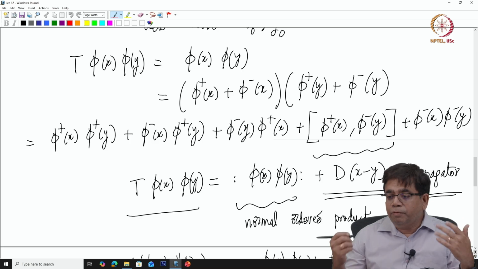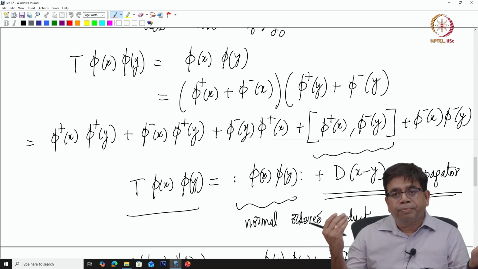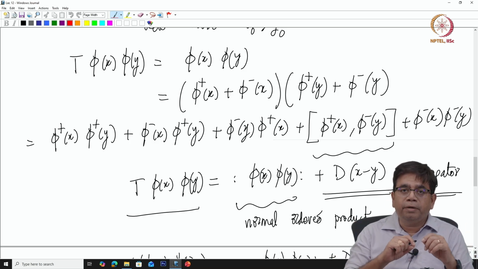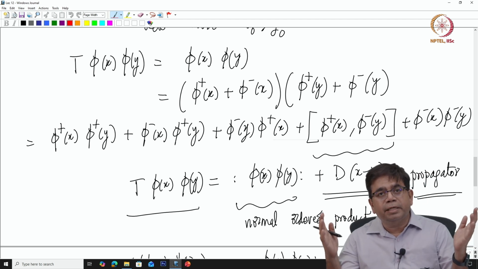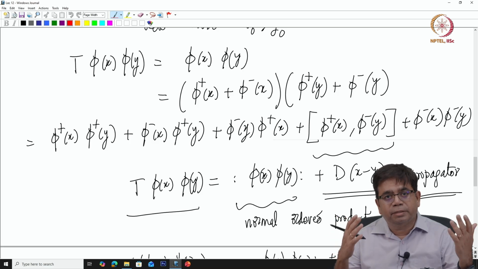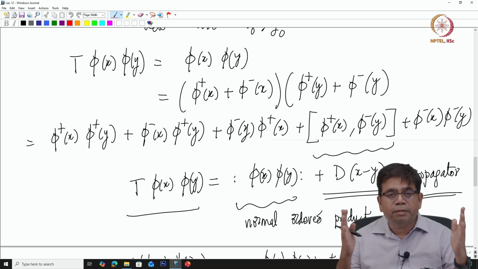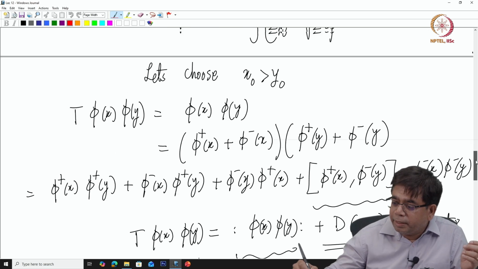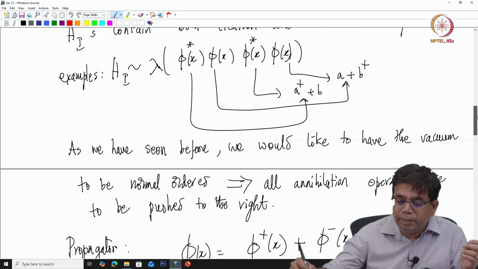The interaction picture is a mixture of the Heisenberg and the Schrodinger pictures. We typically use the Schrodinger picture for the fields, and at the interaction point we use the Heisenberg picture.